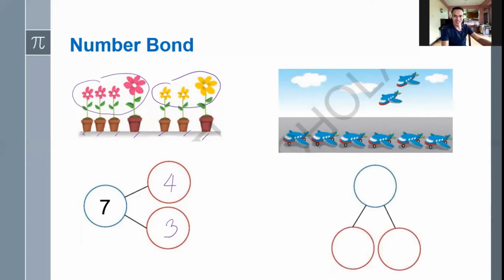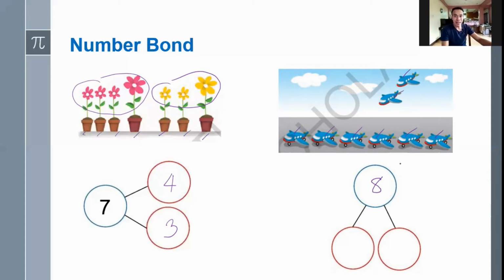Next, how many airplanes are there in the picture? Let's count. 1, 2, 3, 4, 5, 6, 7, 8. There are 8 airplanes in the picture. And where do we write 8 in our number bond? Is it a whole or a part? It is a whole. So we write 8 inside this whole.